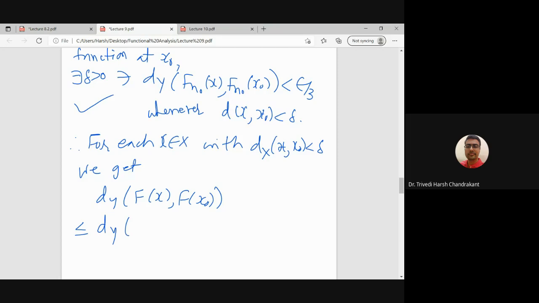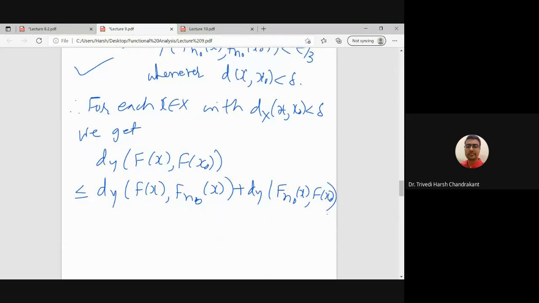So this is the distance of f(x) with f_n naught(x), plus the distance of f_n naught(x) with f(x naught), right? So we use the triangle inequality the first time. Now we'll use it again.